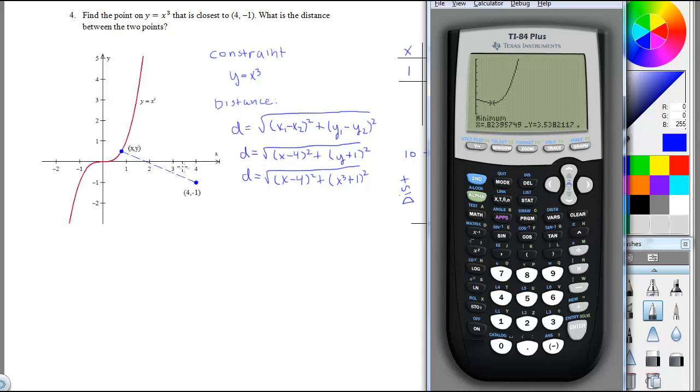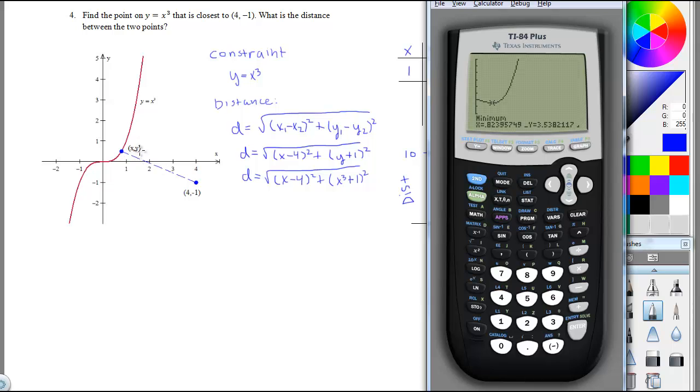It's the length of this line segment. So when the x is about 0.8, which looks good for this point, the distance between (4, -1) and y equals x cubed is 3.5. So this line here is 3.5 units long.